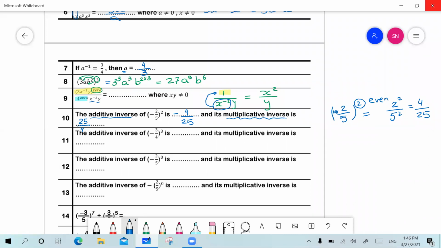Number 11, the additive inverse of -3/4 raised to the power of 3 is... Mustafa.